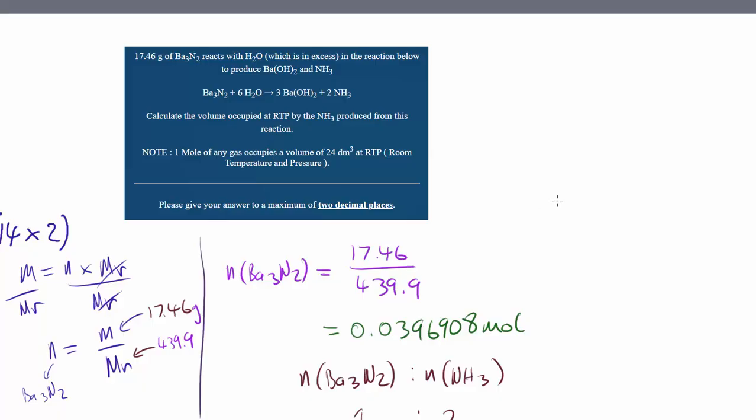And this is where the information we were provided with earlier becomes relevant, where 1 mole of any gas occupies a volume of 24 decimeters cubed, right? So if we take the 24 and multiply by the moles we have, we're going to be able to work out the volume occupied.